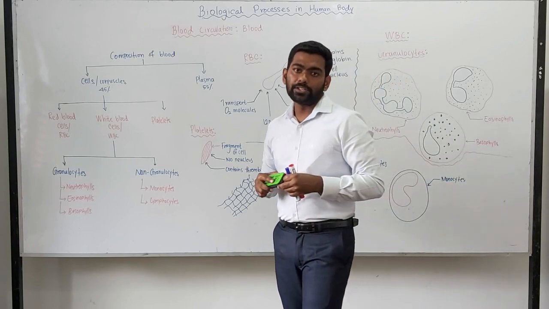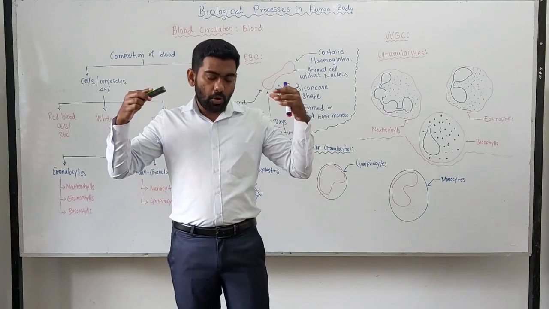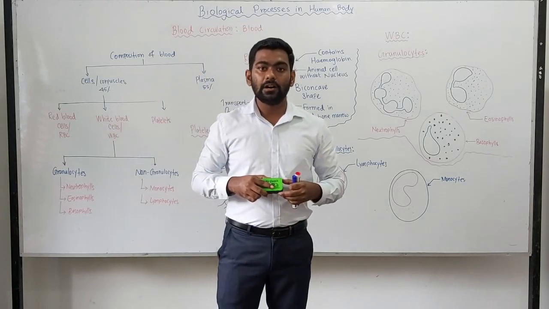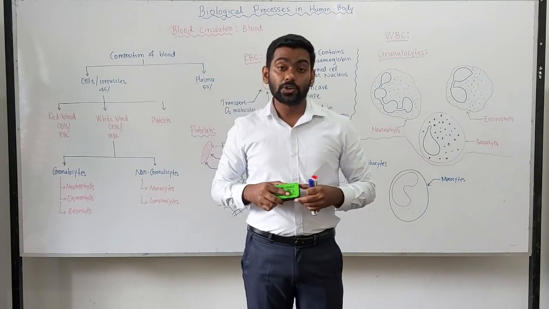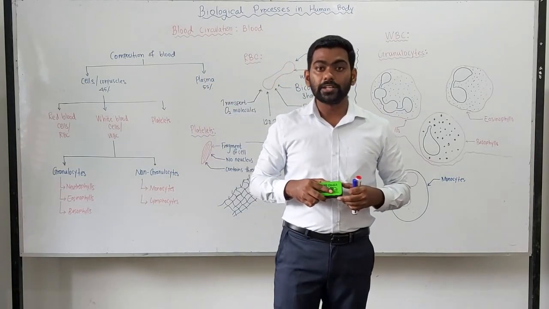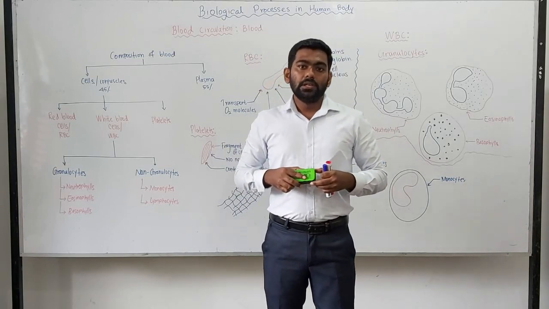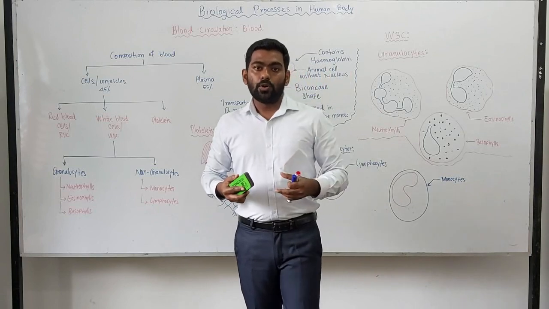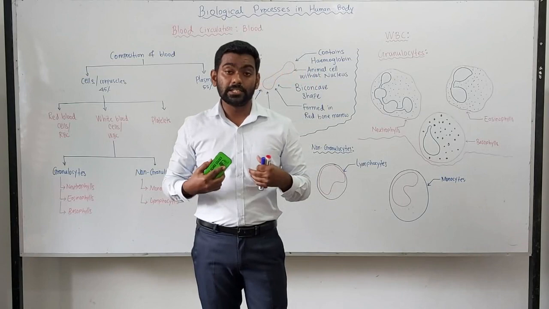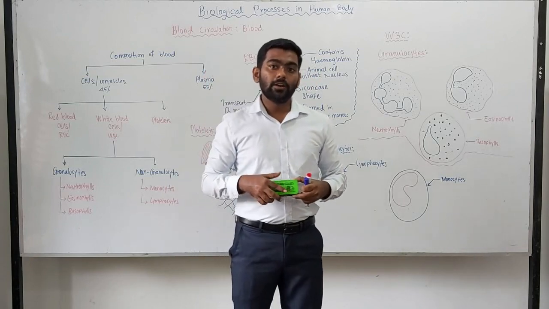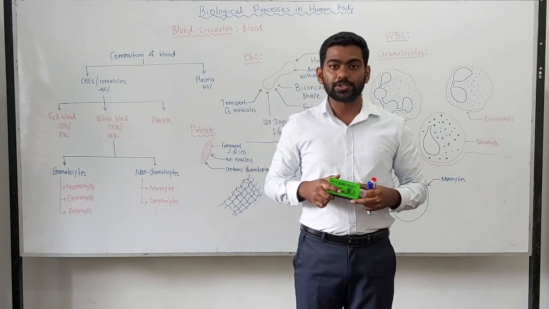So you can see very simply, right? Almost all the cells in our body need glucose and oxygen in order to produce energy. That is respiration. The glucose is produced by the digestion process in the digestive system, and the oxygen is available in the lungs, in the respiratory system.